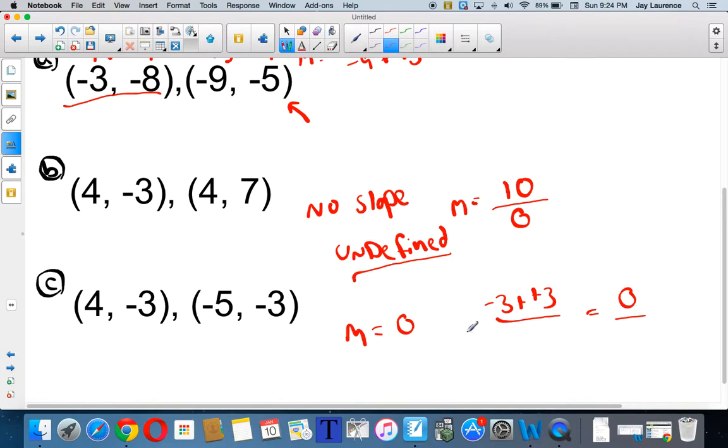If my denominator is 0, then it simplifies to, well, it doesn't simplify, it becomes undefined. All right, so I'm going to have a -5 minus 4. That'll be -9, which is the same as 0. Remember, 0 slope doesn't mean it doesn't have slope. A line with 0 slope is a horizontal line every single time.